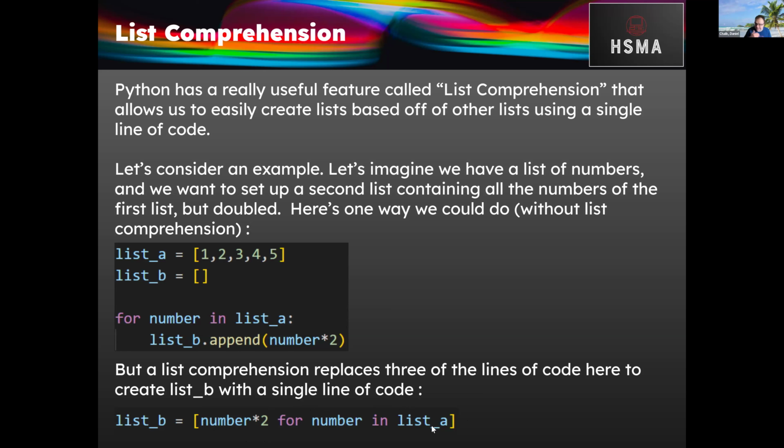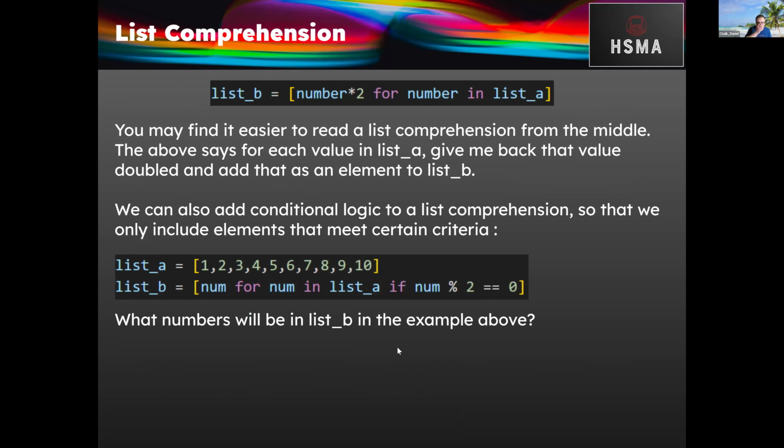That's a list comprehension. That will very efficiently create a list B with 2, 4, 6, 8, 10. And it'll give you exactly the same as up here, but much more efficiently. You may find it varies, but I tend to find them easier, and I tend to recommend reading them from the for bit, because you can then read the bit on the left last. So for each number in list A, give me number times 2.